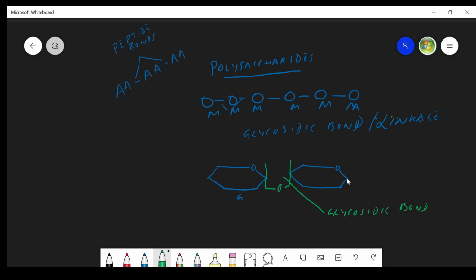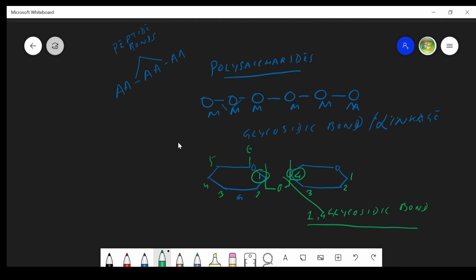For example, this one is carbon position 1, 2, 3, 4, and here 1, 2, 3, 4, 5, and then here is the sixth one. Now this is the number 1 position, so number 4 position of one glucose and number 1 position of another glucose, so we call it 1,4 glycosidic linkage or glycosidic bond.